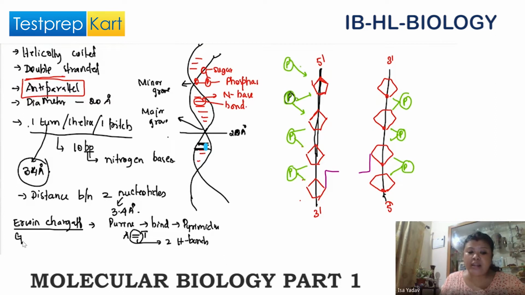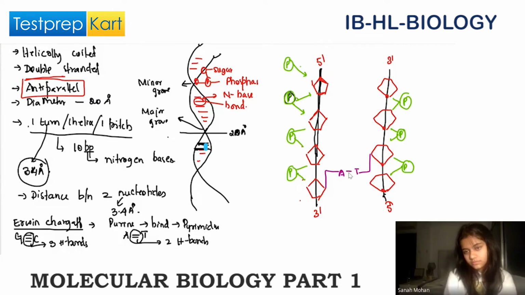Guanine will bond with cytosine. Can you see how many straight lines I've given? Three. So three hydrogen bonds. Suppose, Sana, if here is adenine, what will be here? Thymine. How many bonds?